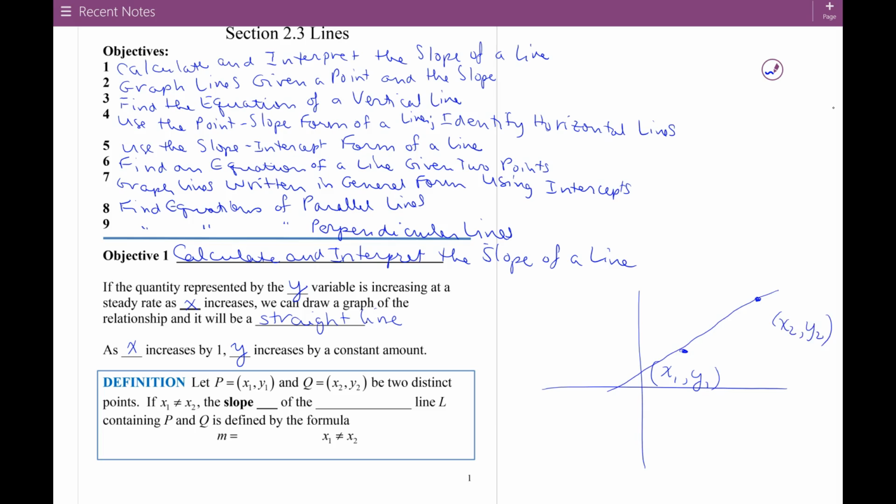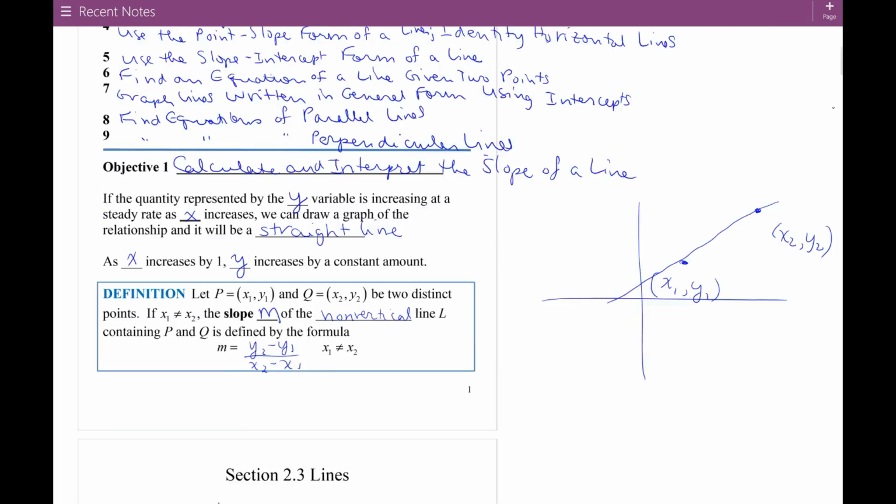Then the slope of the line through these 2 points, we use the letter m to represent that, and it is m equals y sub 2 minus y sub 1 over x sub 2 minus x sub 1. And this is a non-vertical line. So we'll address vertical lines in a moment.